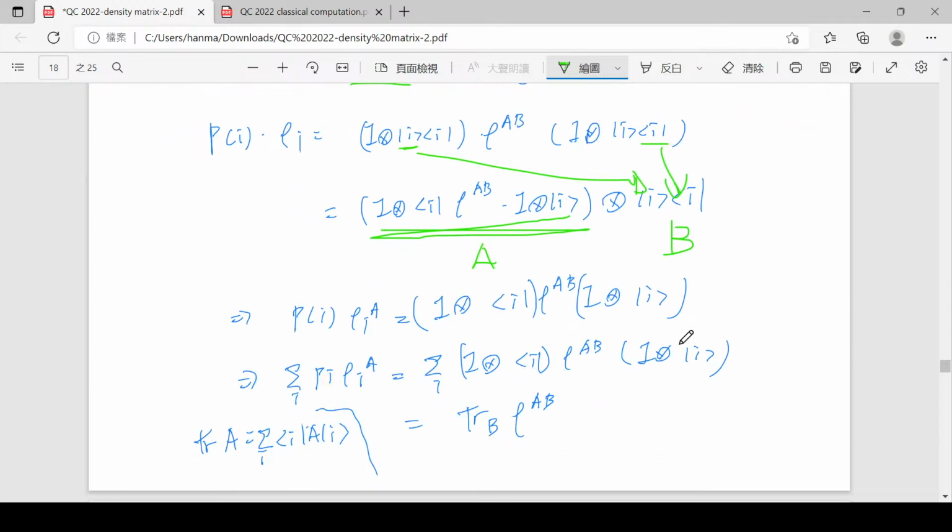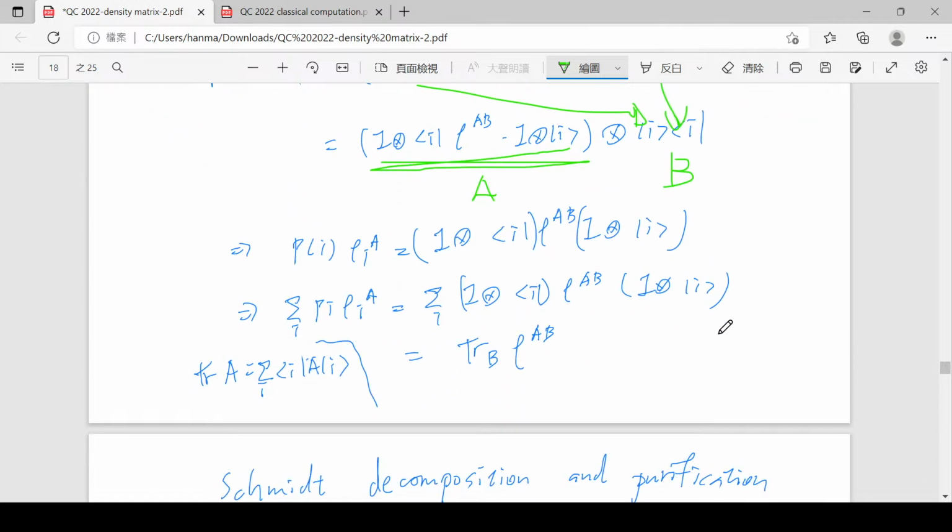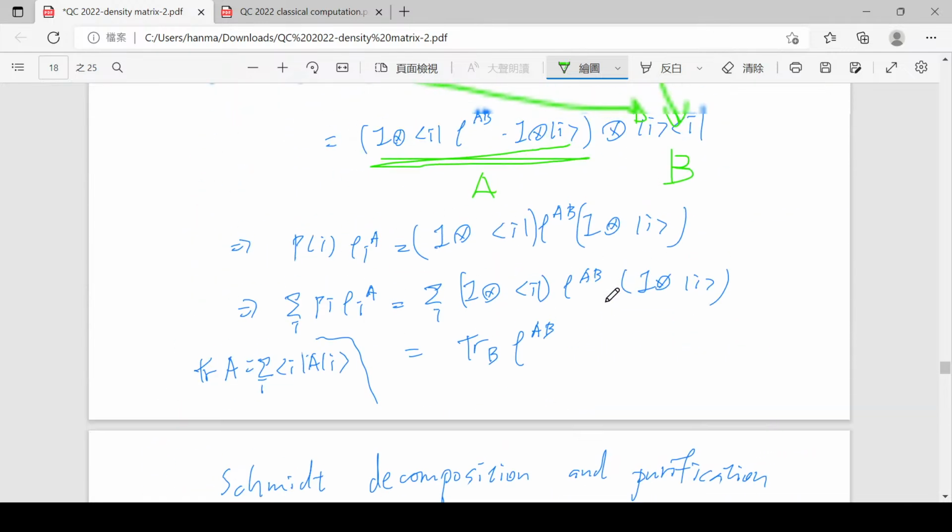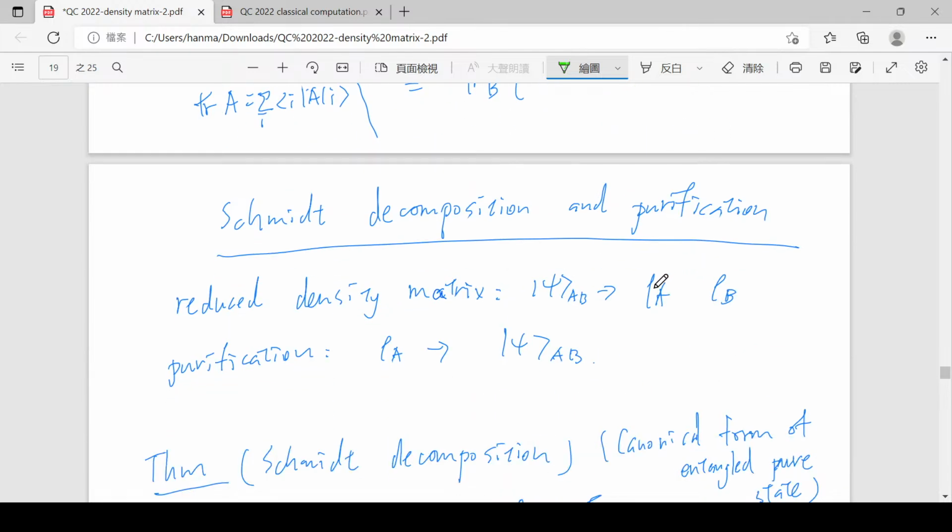And if you want to see a more rigorous derivation, you can look up the textbook Nielsen and Chuang. And okay, so if there's no question, let's go to the next topic.